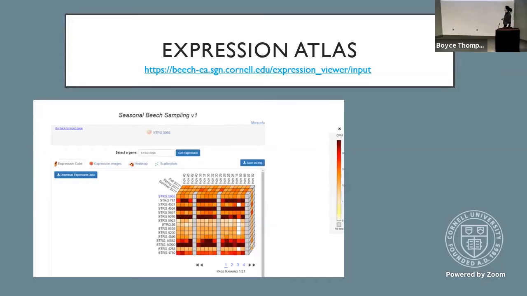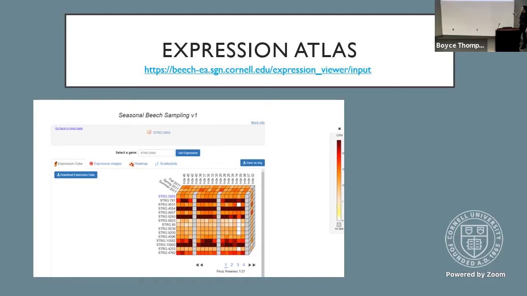The next part of our project, we developed an expression atlas, and an expression atlas is basically like a heat cube. And we retrieved some RNA-seq from NCBI. These are the individuals on the top. We have the individuals in 3 seasons, so fall, spring, and summer of 2017. And these are the genes of interest.